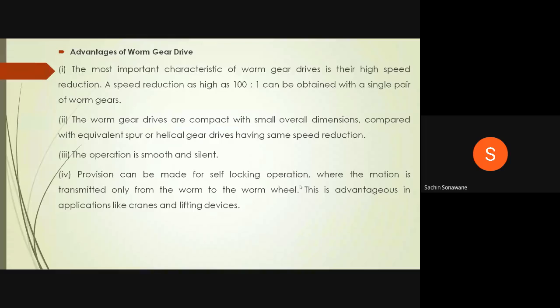The worm gear drives are compact with small overall dimensions compared with equivalent spur or helical gear drives having the same speed reduction. The operation is smooth and silent. Provision can be made for self-locking operation where the motion is transmitted only from the worm to the worm wheel. This is advantageous in applications like cranes and lifting devices.